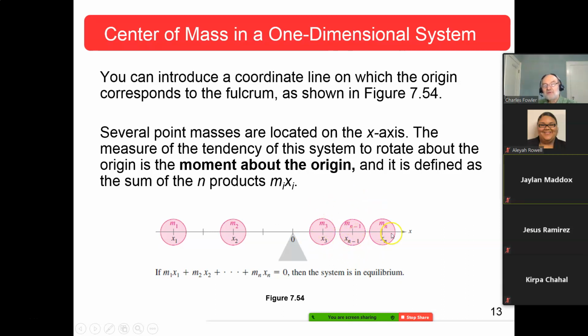That gives you the moment for each mass, and the sum of all the moments for all the masses is called the moment about the origin. Okay?